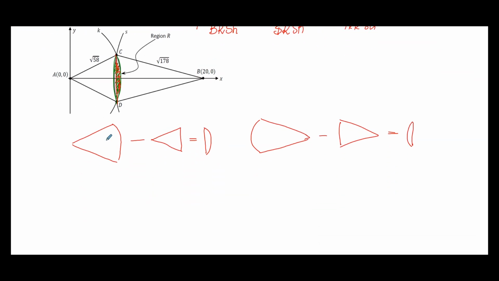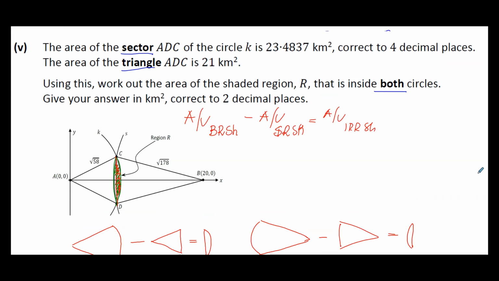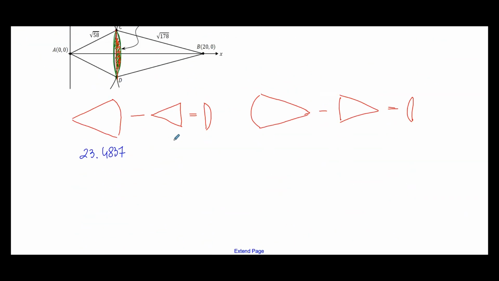So they told me the area of that. They are saying the area of that is 23.4837. What about this triangle, ADC? So we don't have that, isn't it? No, they are telling us, my apologies, ADC, they are saying it's 21. So that is 21, we have that. What about this sector? Well, we don't have that, but how do we calculate the area of the sector?